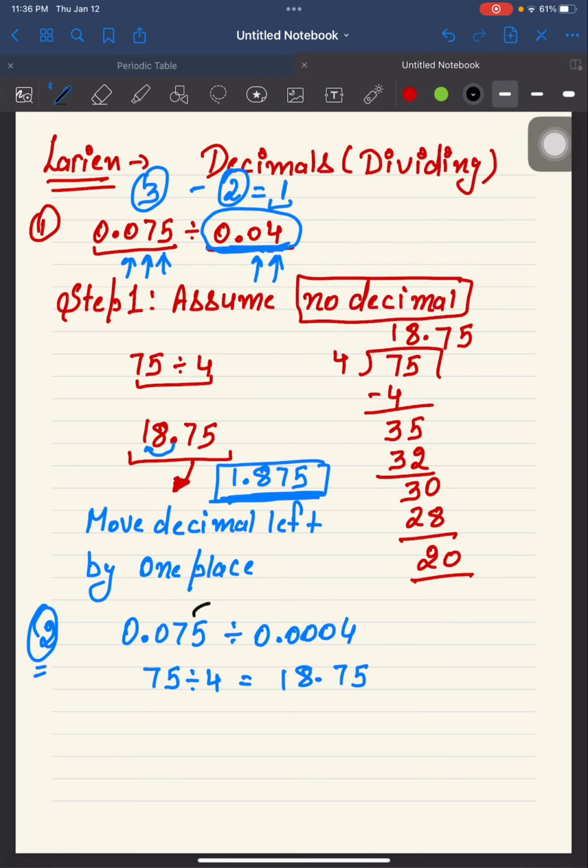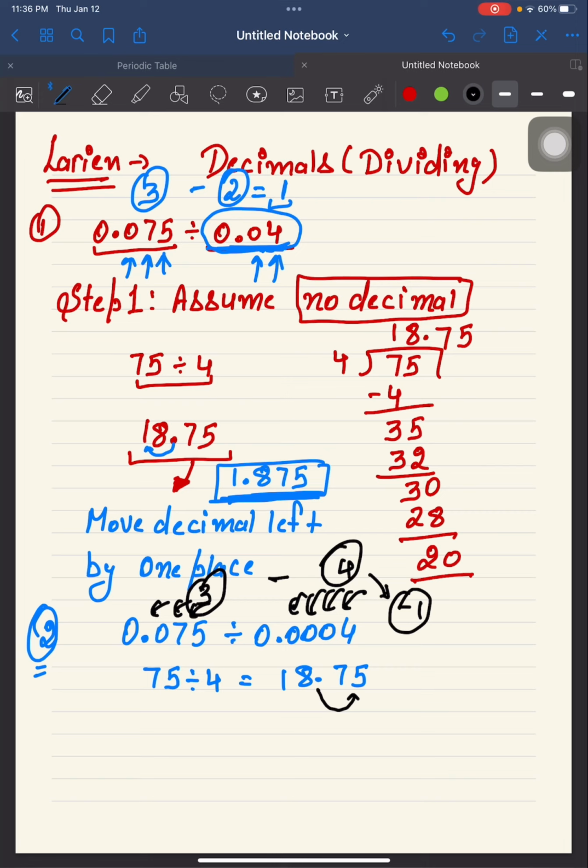Here we have the decimal after 3 places, and here we have the decimal after 4 places. So 3 minus 4 is negative 1. So when you get a negative answer after subtracting decimal places, we need to move the decimal to the right. In the previous case, we were moving it to the left. Now we'll move to the right.